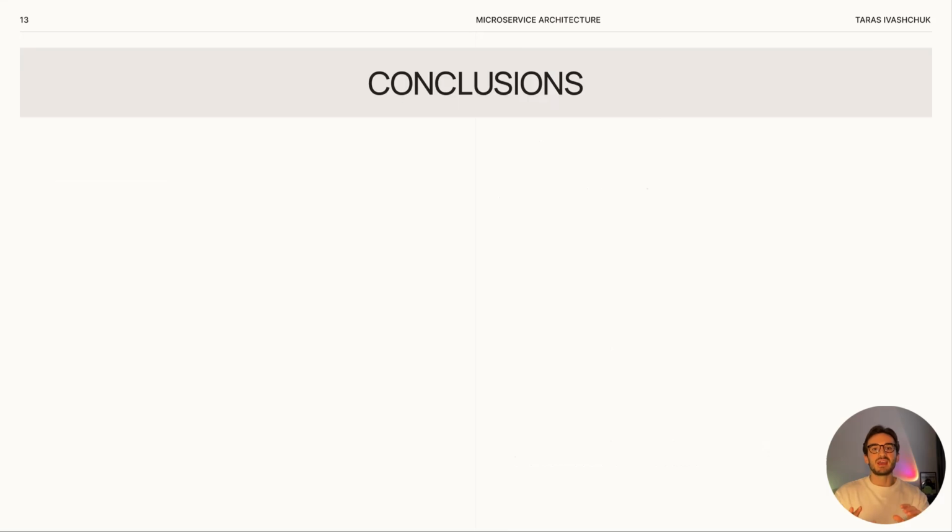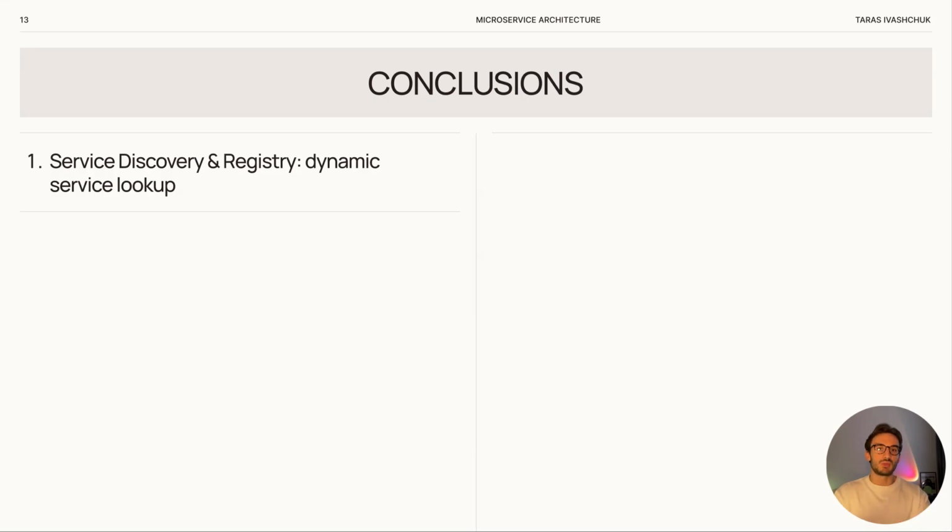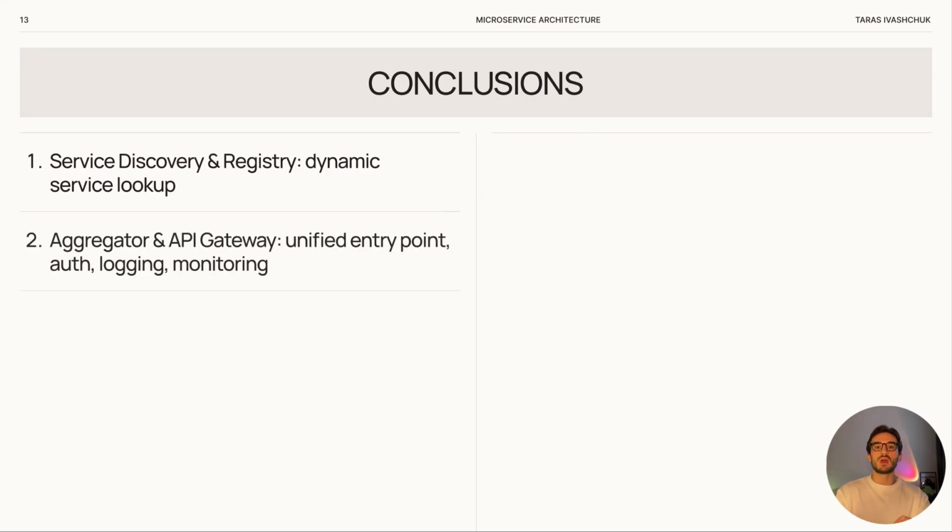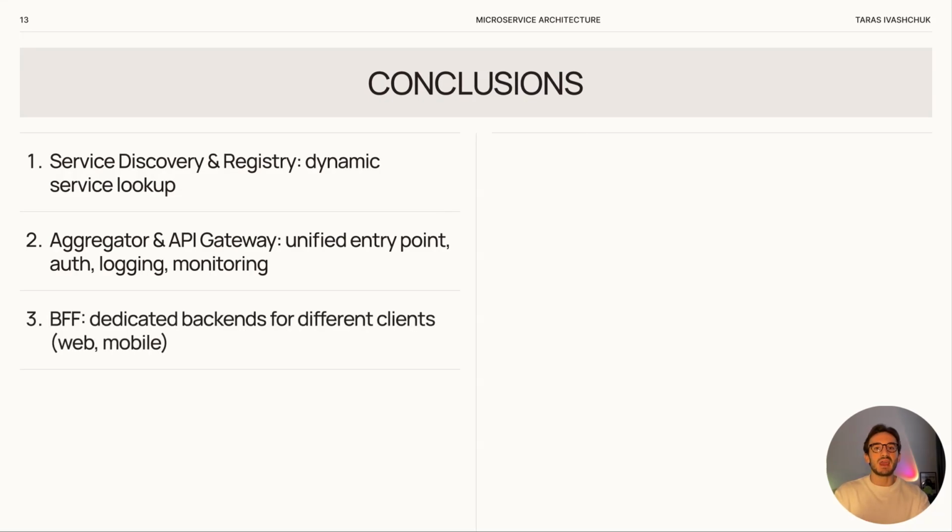Today we looked at the key patterns that help us build microservices architecture. First, we saw service registry and discovery, which let services find each other even in a dynamic environment. Then we moved to aggregator and API gateway, which give clients a single entry point together with features like authentication, monitoring, and caching. By the way, we also talked about BFF, where each client application has its own backend, optimized exactly for its needs.